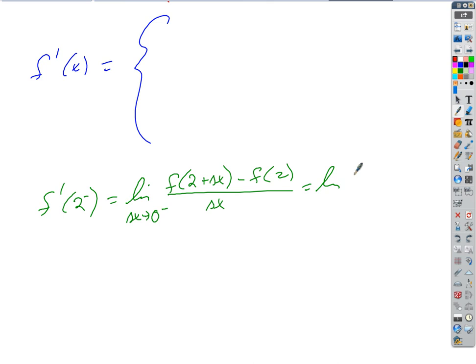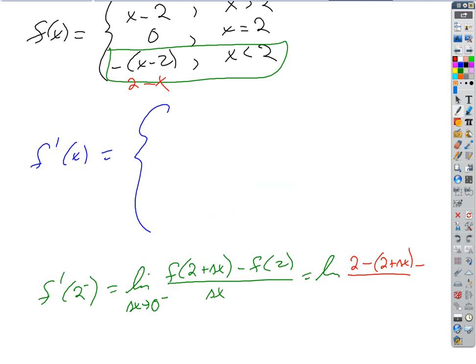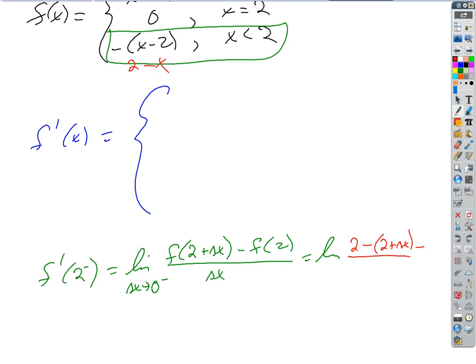So 2 minus that. Minus f of 2 is just 2. F of 2 is just 2 minus 2.